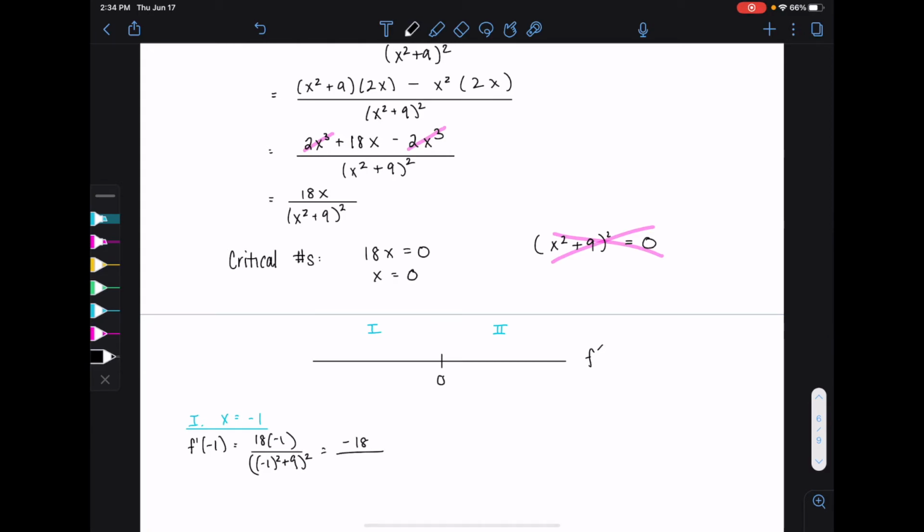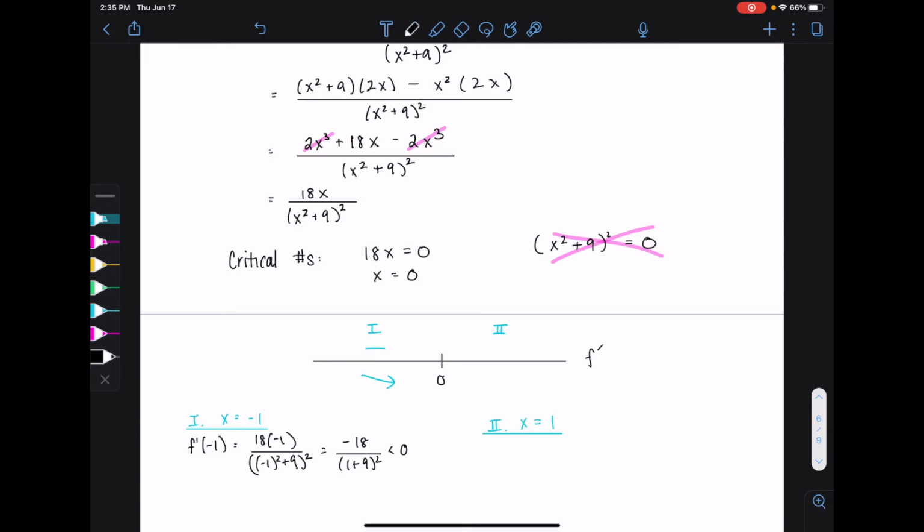So -18 in the numerator and really 1 plus 9 squared in the denominator. So overall, definitely going to be negative, which means this function is decreasing. If I pick something from interval 2, we can pick positive 1.